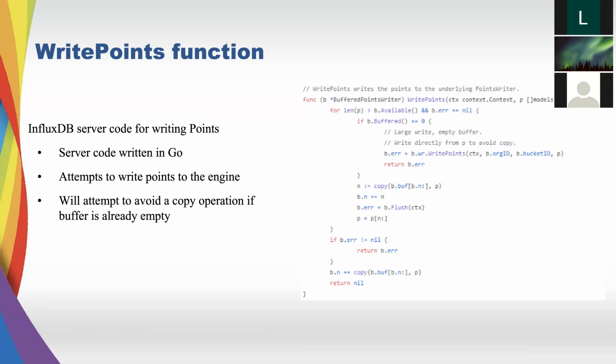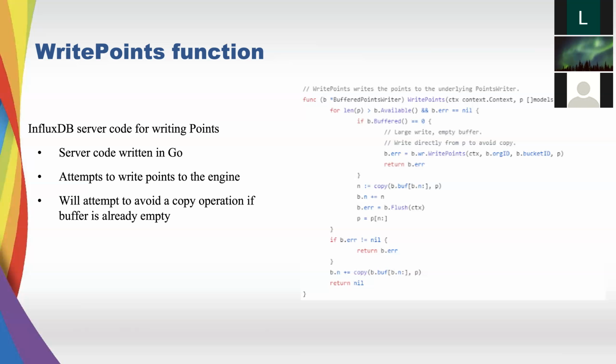You can see that for the length of the array of points, it checks to see if there's enough memory available in the buffer to write it, and then it checks to see if the buffer is actually empty.